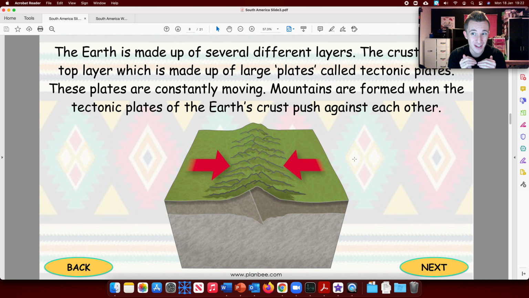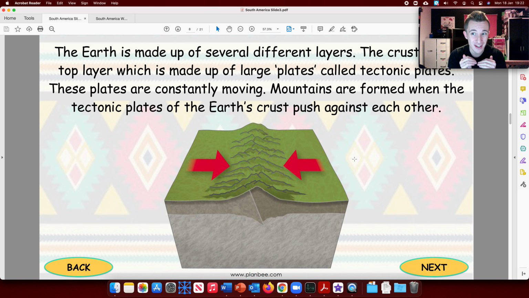Now, this map here shows you the world's tectonic plates. The tectonic plates don't necessarily line up with the continents. Some of them do, but not all of them. But if you have a look at South America here, you can see that the edge of the plate runs right along the spine, exactly where the Andes Mountains are.